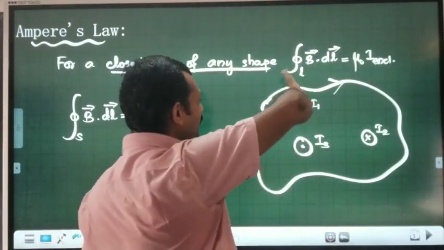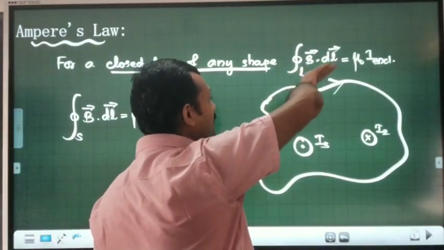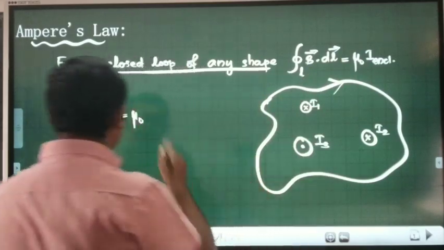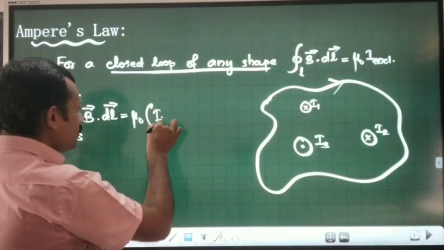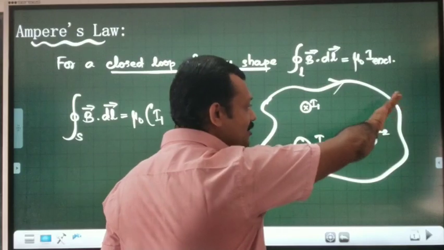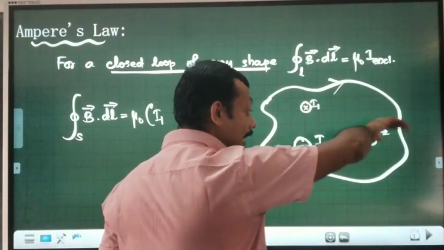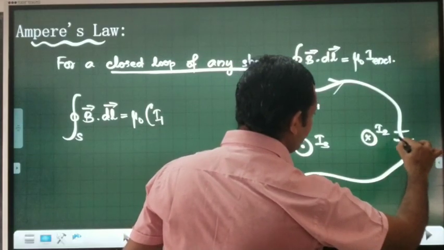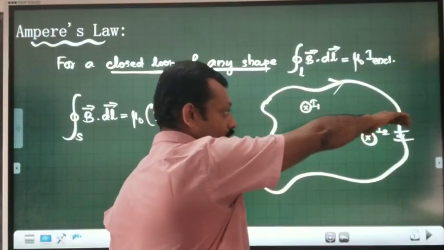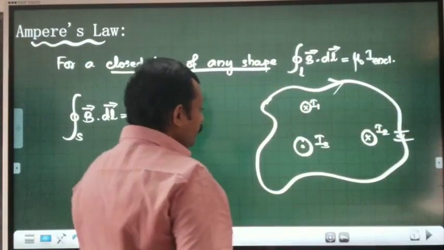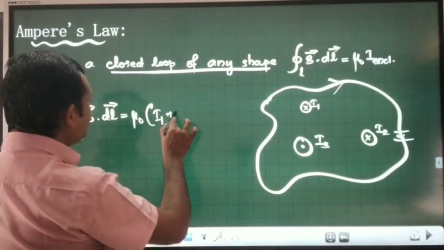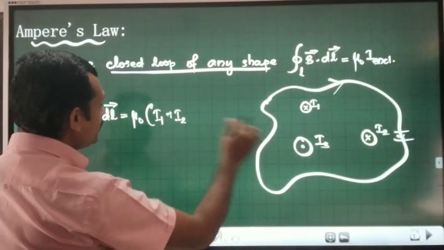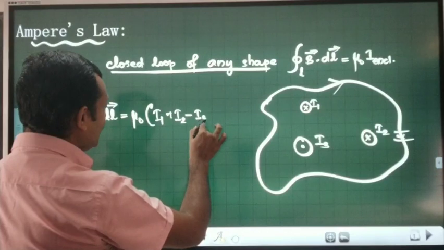So the field due to I1 is in the same direction, so I1 is positive. The same is the case with I2, so I1 is positive, I2 is positive, and I3 is negative.